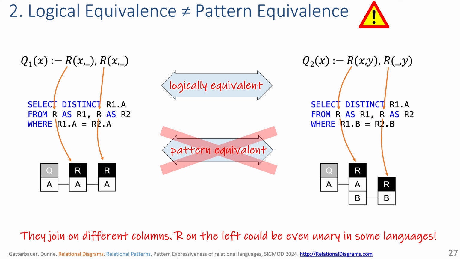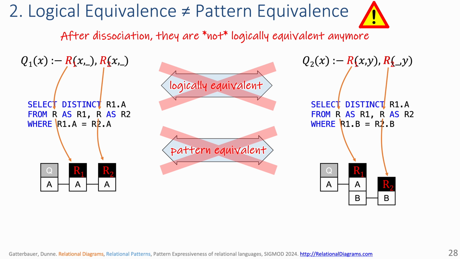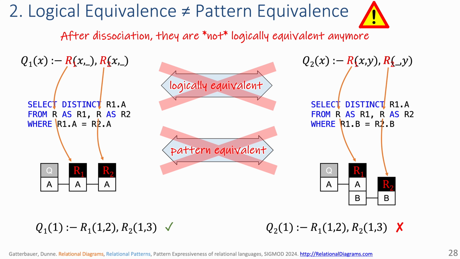And in some languages, the tables on the left don't even need to be binary. Our definition takes care of this because after you dissociate the tables, the left and the right queries are not logically equivalent anymore. So here's an example. And that's exactly what we wanted to achieve with our definition. The original queries are logically equivalent, but they are not pattern equivalent because the dissociated queries are not logically equivalent anymore.